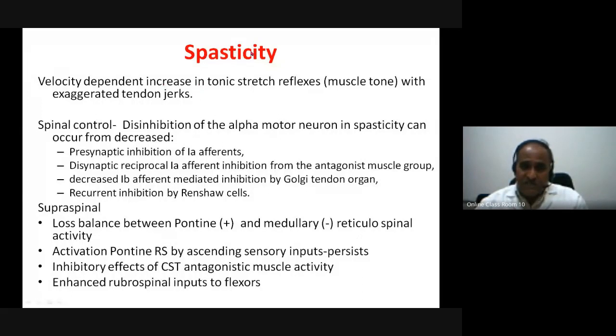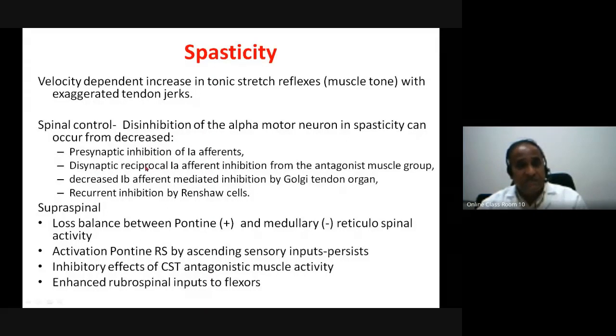This spasticity can be controlled at the spinal level and at the supraspinal level. At the spinal level, as I have already discussed, it is the disinhibition of the alpha motor neuron in spasticity, which can occur because of the following reasons. Decreased presynaptic inhibition means a greater 1A activity.